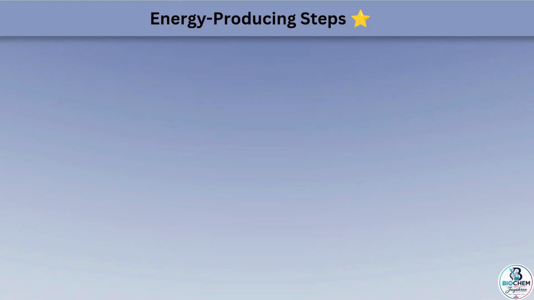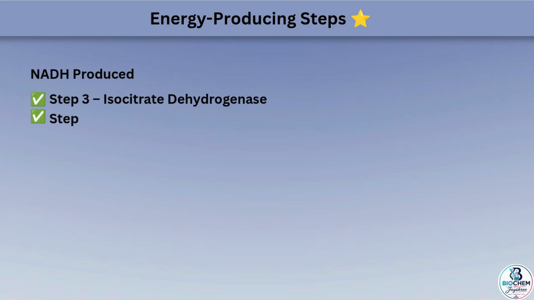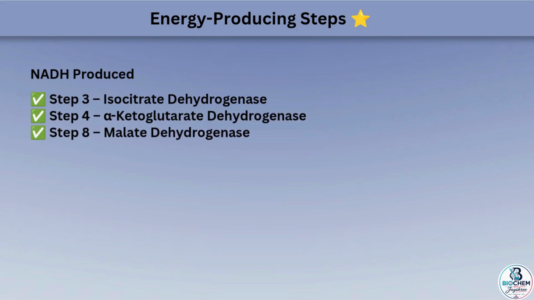Let's identify the energy producing reactions. NADH is formed in 3 reactions: step number 3, which is catalyzed by isocitrate dehydrogenase, step number 4, which is catalyzed by alpha-ketoglutarate dehydrogenase, and step number 8 by malate dehydrogenase.